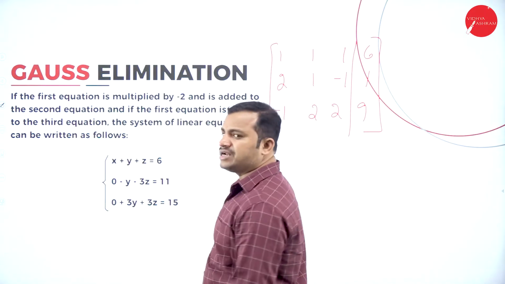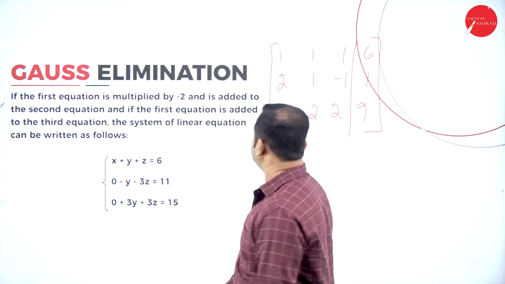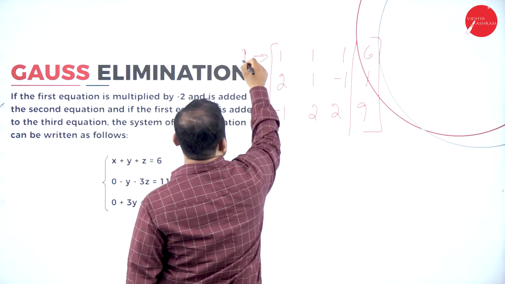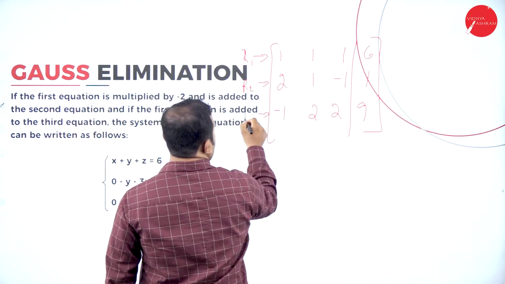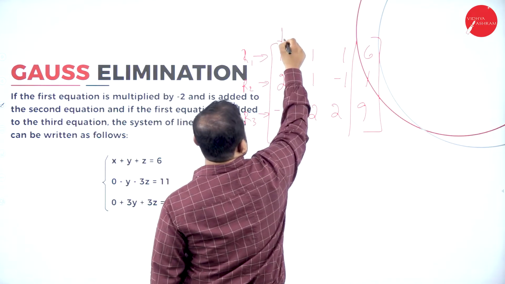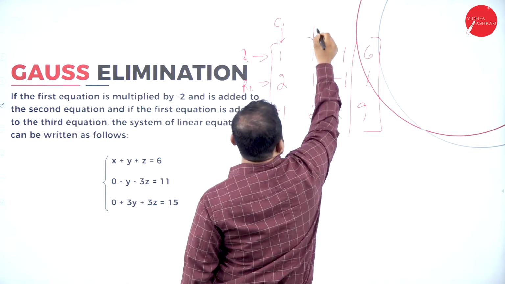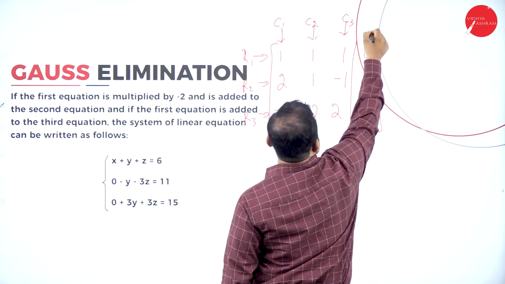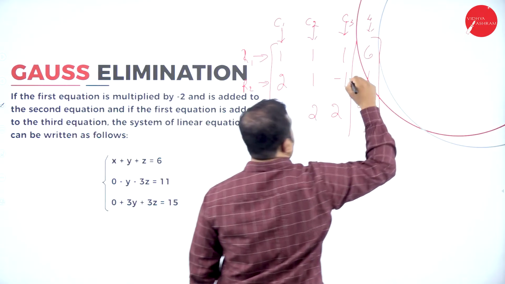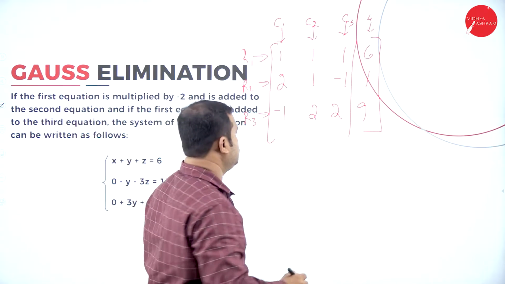If that is the case, let me do some row operations. This is called row 1, R1. This is called R2. This is called R3. Similarly, we have column 1, column 2, column 3, column 4. This is column 4. We have the fourth element.